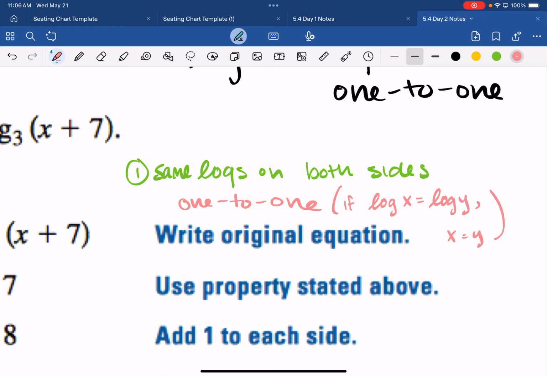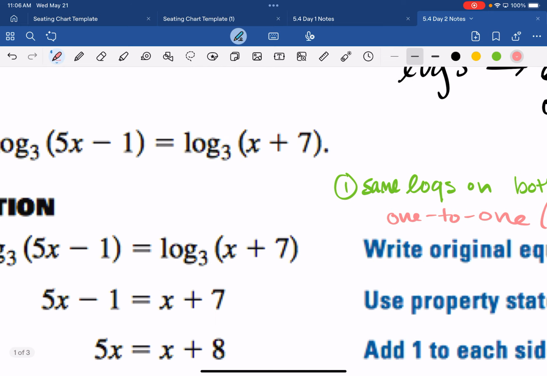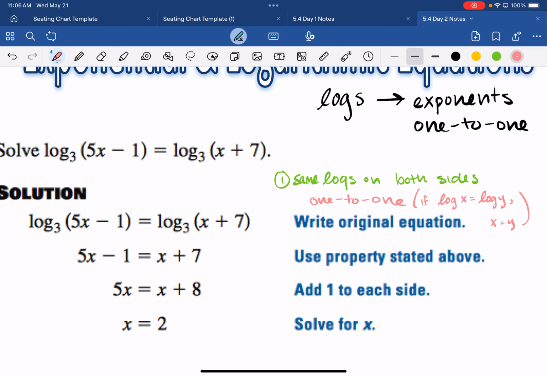Basically, if the log's the same on both sides, we can just get rid of the logs. So in our first scenario today, logs are the same on both sides, so I can essentially get rid of them. Now I'm just left with what's inside. I solve for x. I'm done. So again, this one's not new. We've talked about this one before.